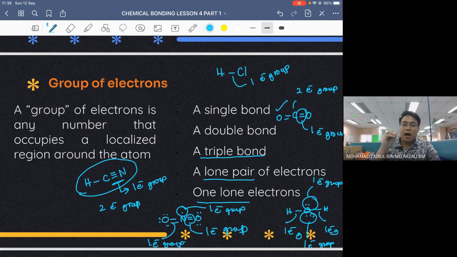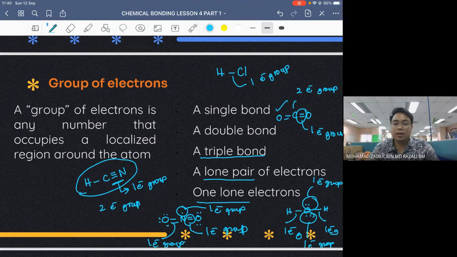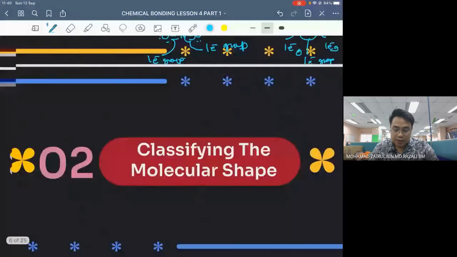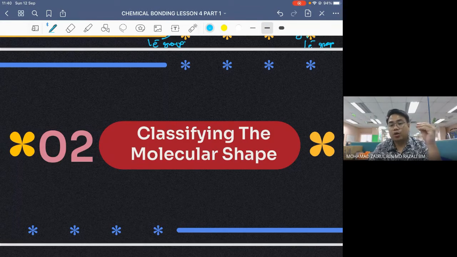So awak kena tahu dulu macam mana nak determine number of electron group, baru awak boleh dapat tahu the molecular shape of the molecule. Okay, so now we already learned about the electron group and also the VSEPR theory. Now we can learn how to classify or how to determine the molecular shape from the Lewis structure.